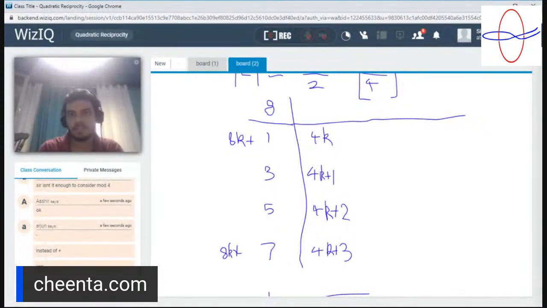And then we have minus p by 4, which is just 2k for all of these values, and 2k plus 1 here.